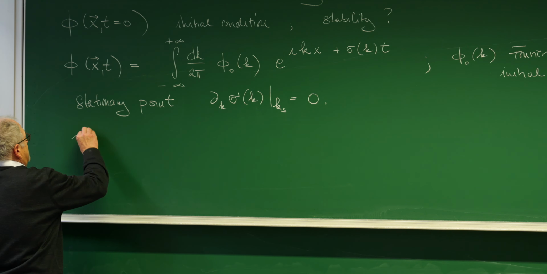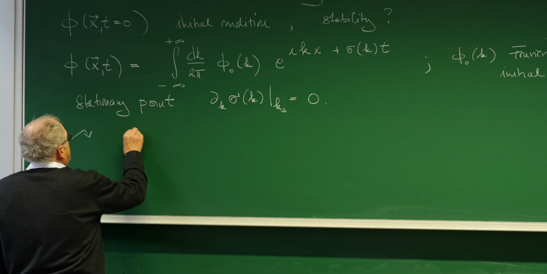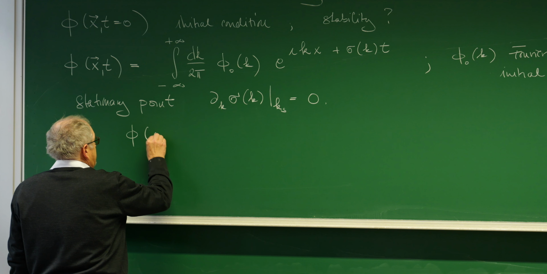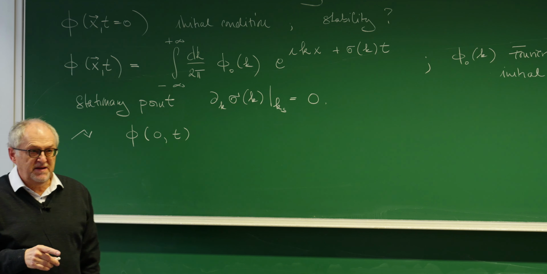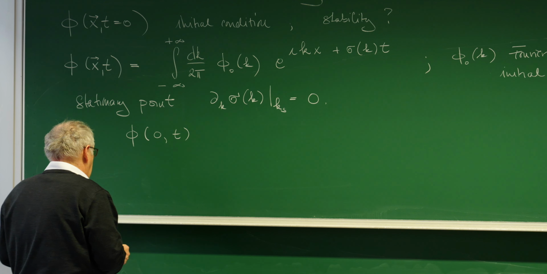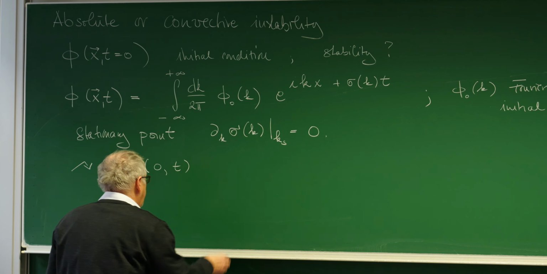Then you get as an approximate solution that phi at the point 0, t, so at the local point I'm looking at, I want to know whether the system is actually absolutely unstable. That means the amplitude grows at that particular point.